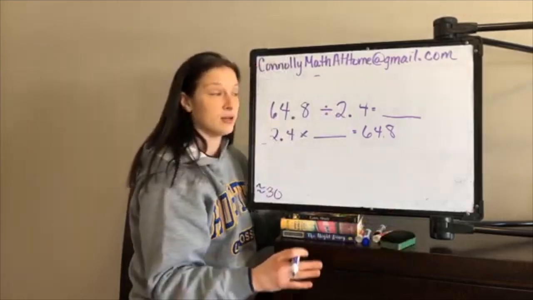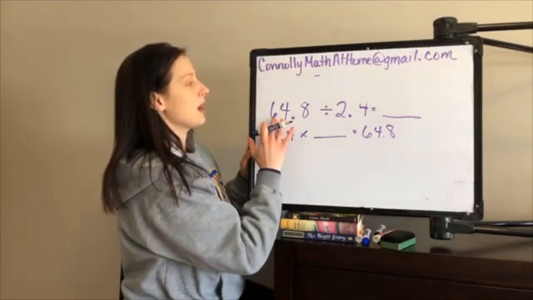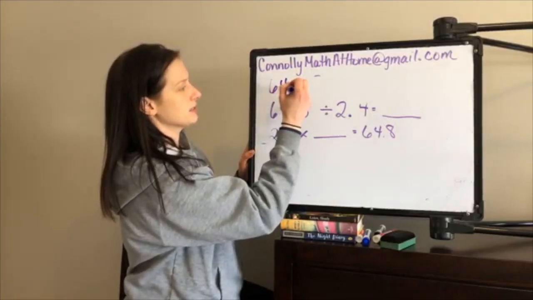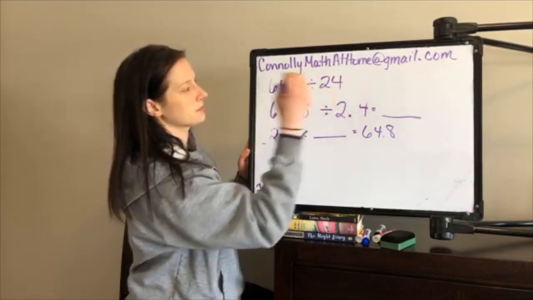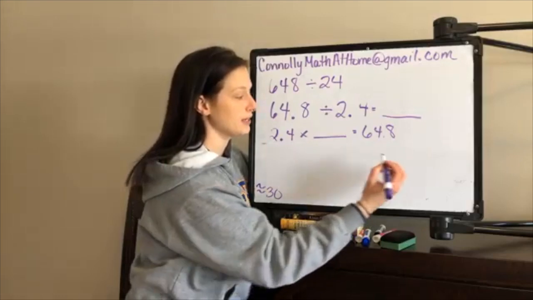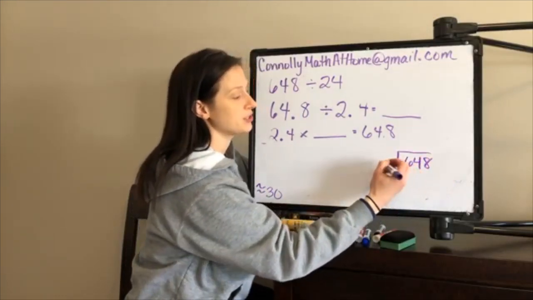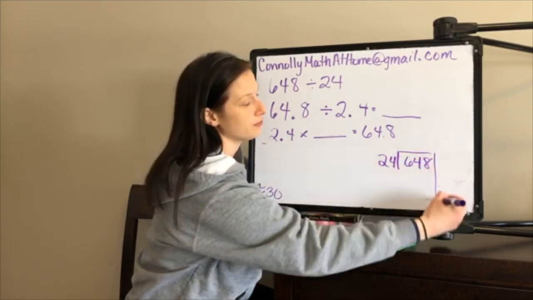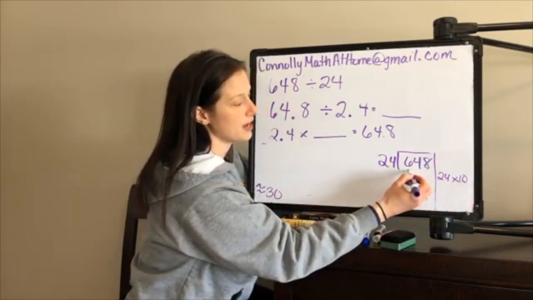I'm going to sneak it down here so that I have space to work. Now, in order to solve, you are going to be thinking about 648 divided by 24. We're going to use whole numbers to help us solve, again just using a strategy that we are familiar with. So when I do 648 divided by 24, I'm going to start with 24 groups of 10, which is 240.